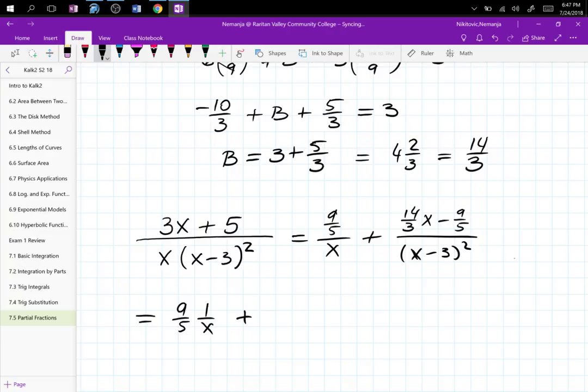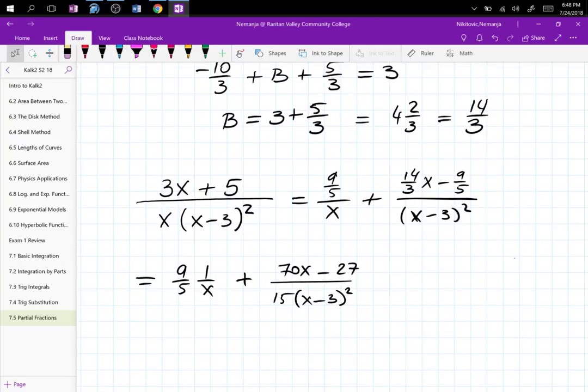So if you multiply top and bottom by 15, you get on the denominator 15x minus 3. In the numerator, times 15, 5 times what is 70x minus 27. There it is.